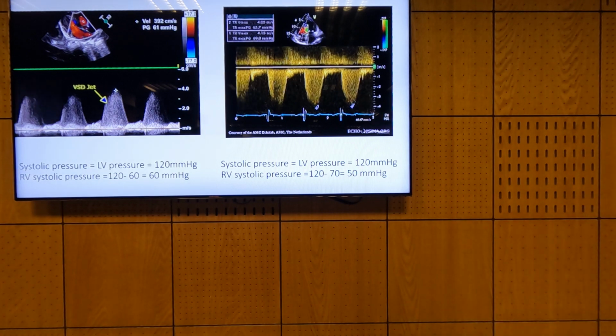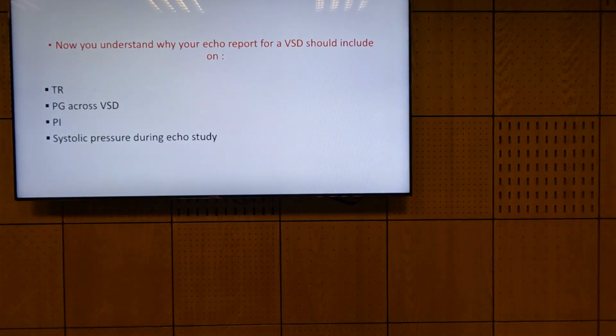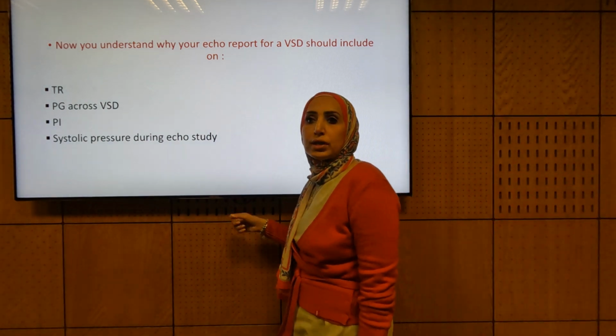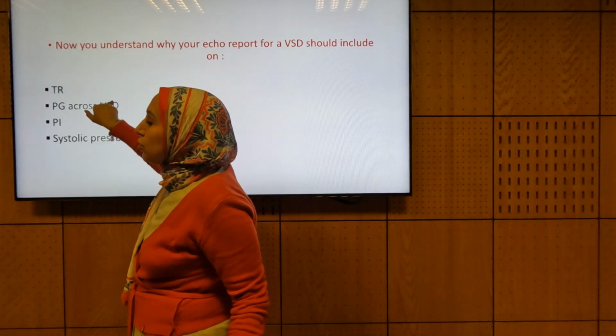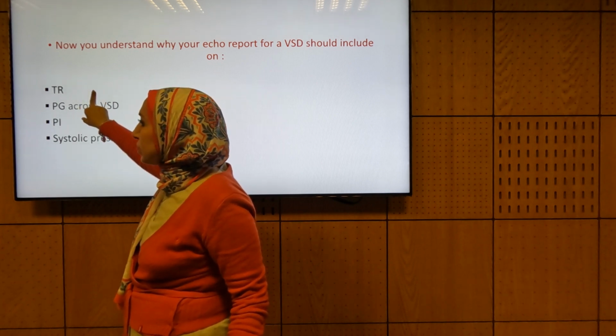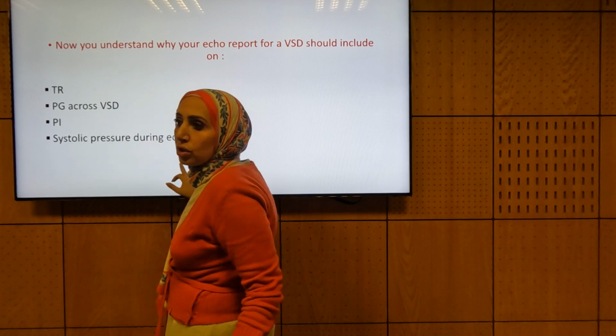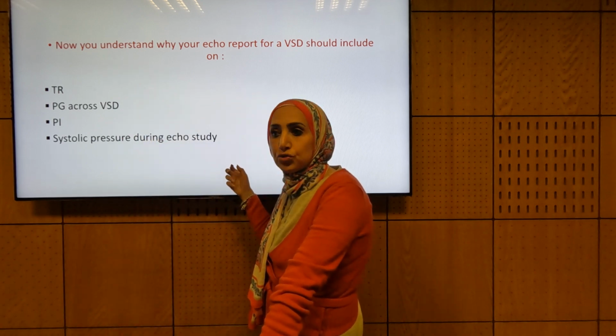So here now you understand why your echo reports have to include this, and you look actively for the pressure gradient across the VSD. You look for the tricuspid incompetence. You look for pulmonary incompetence, and you have to measure the blood pressure of your patient in each visit.